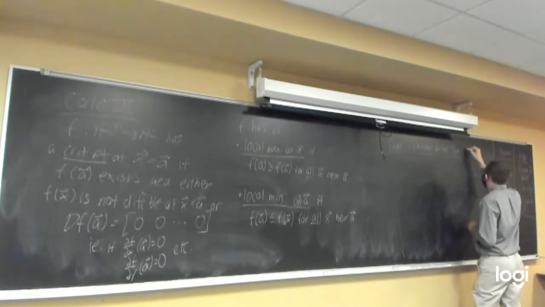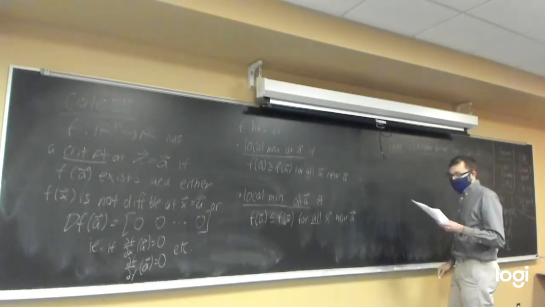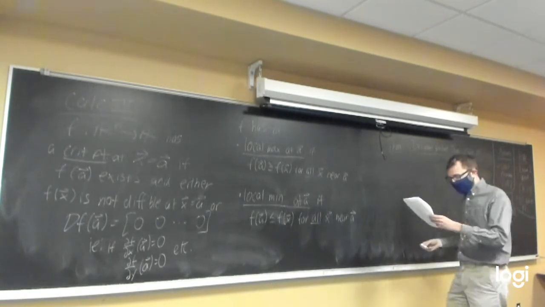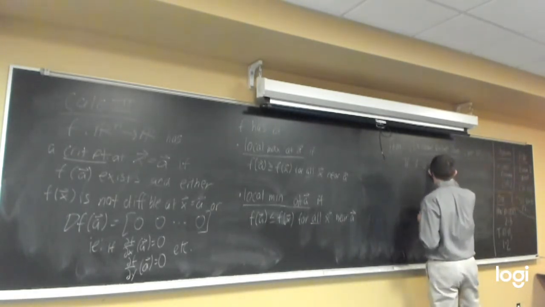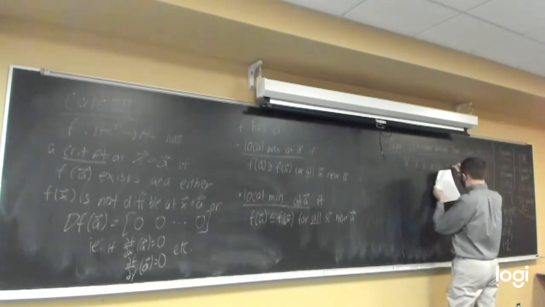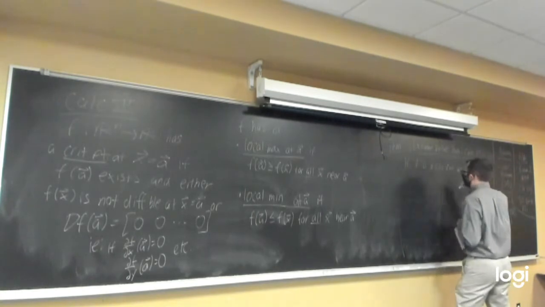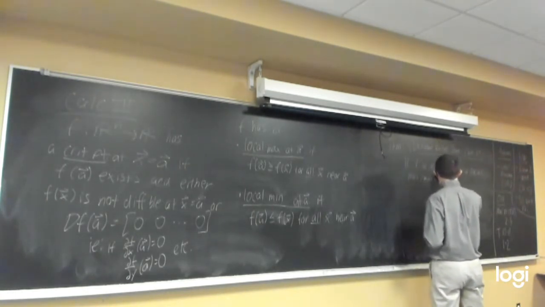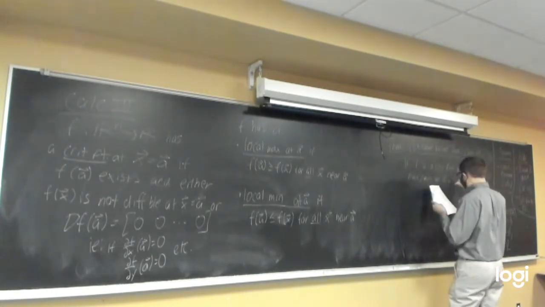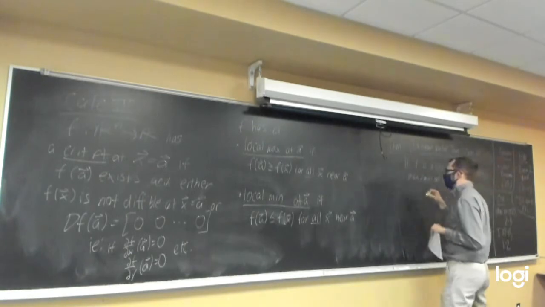This will be the Calc 3 version, where the Calc 3 version of the extreme value theorem is going to say that if f is a continuous function with a local extremum, so a local max or min at a, then f must have a critical point at a.